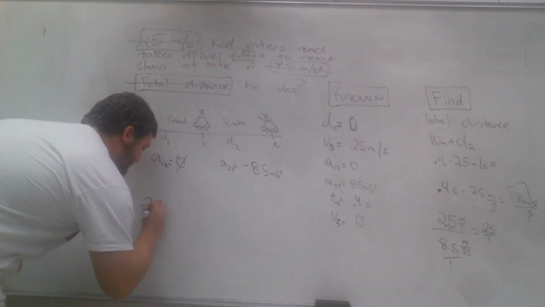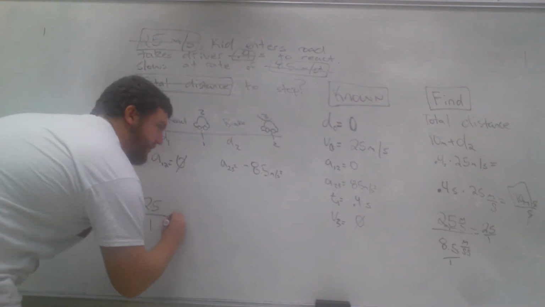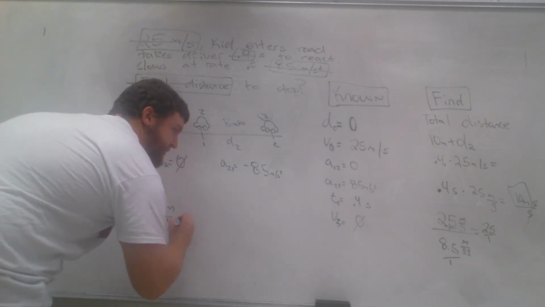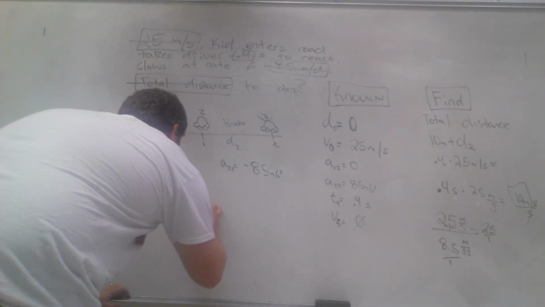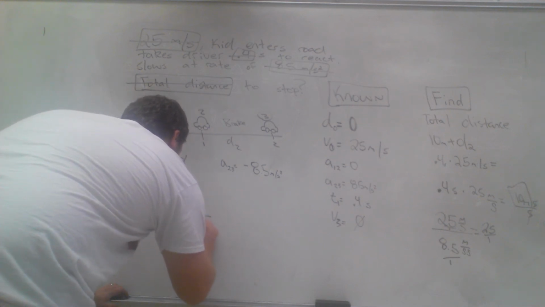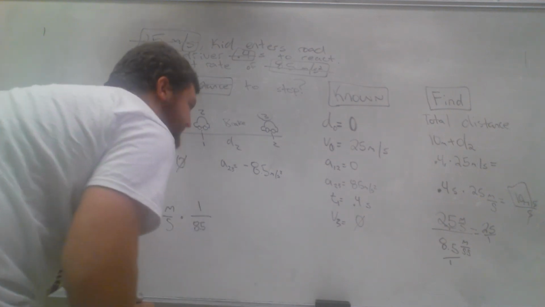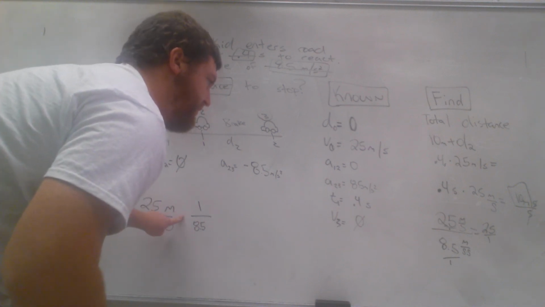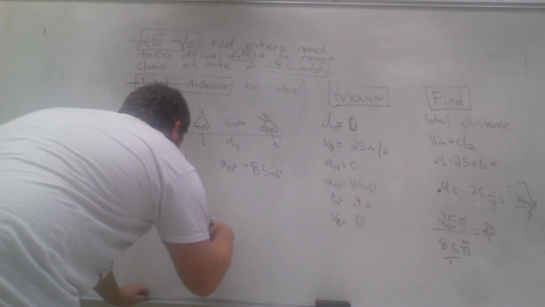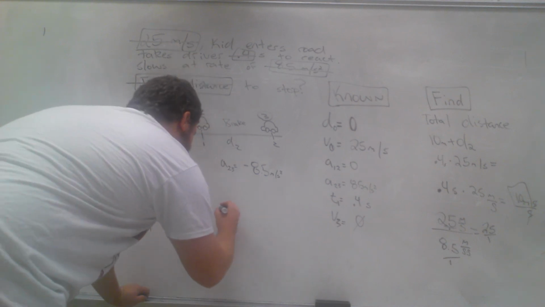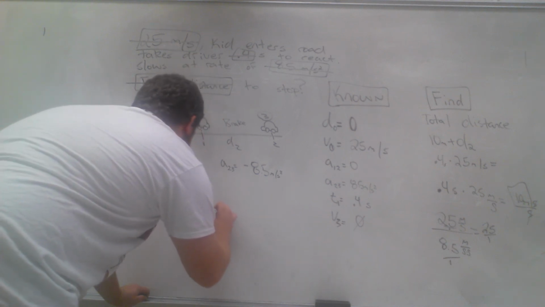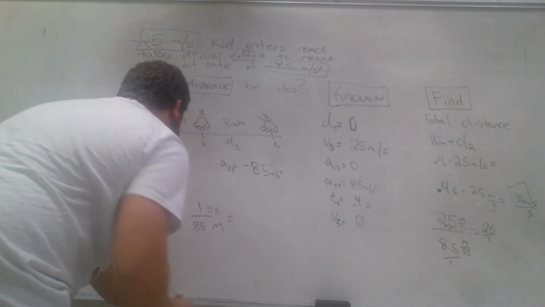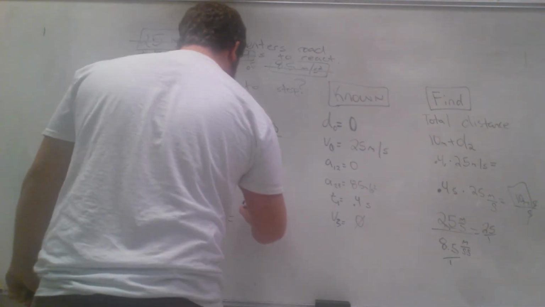You get 25 over 1, meters per second, times 1 over 8.5. Keep, change, yes, flip that one. Okay, so now when I multiply, 25 times 1 is 25.